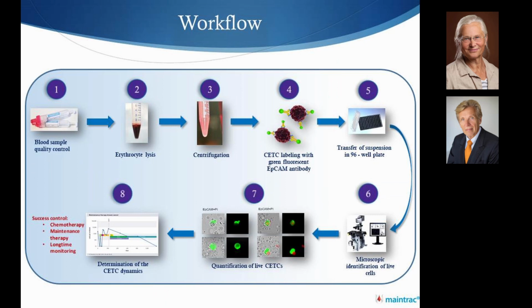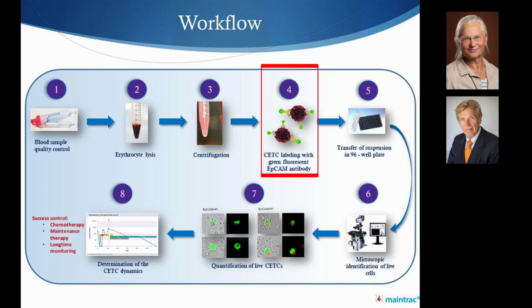Here is the workflow, how we proceed when the samples arrive. First of all, the red blood cells need to be lysed because they are 1,000-fold more than the white blood cells. Then the sample is spun down, and the tiny little sediment down there are the white cells containing the tumor cells.